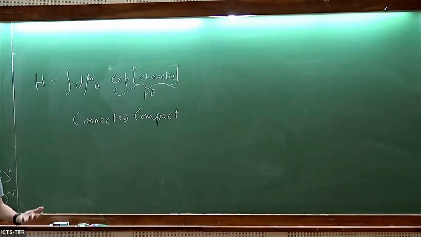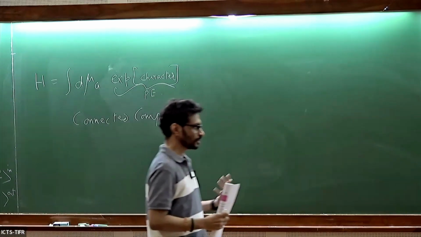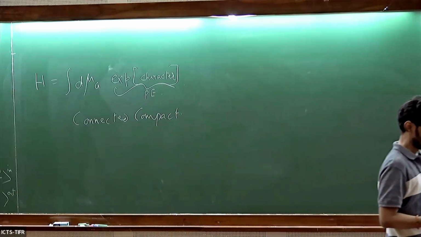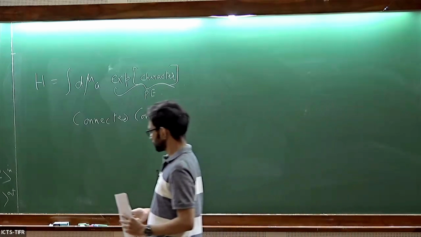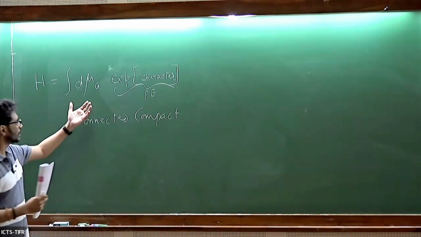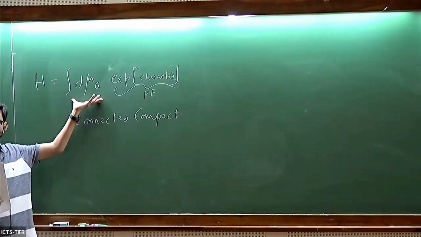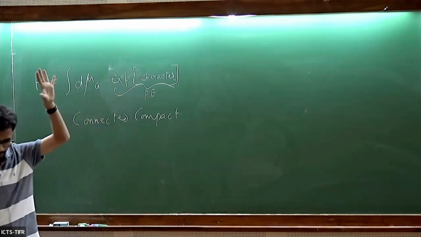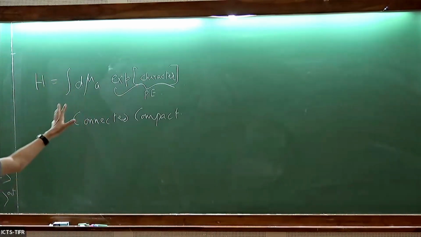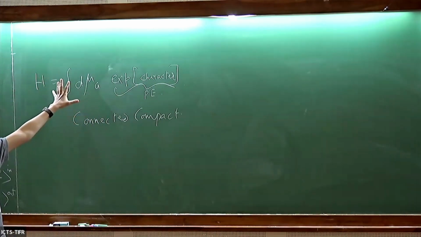So now we know how to represent the character polynomial for some given representation of a given group, and we have also learned how to calculate the Haar measure for that given group. So for any given group and any given representation, we know how to calculate this thing, right?